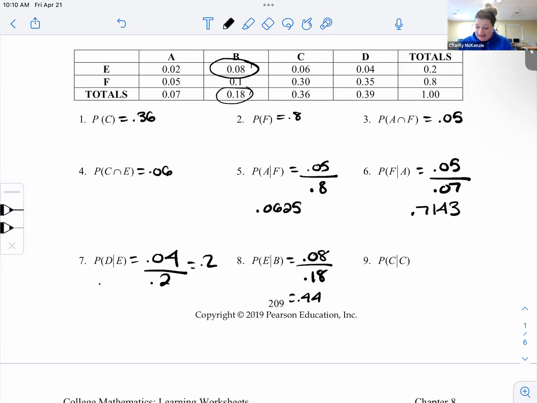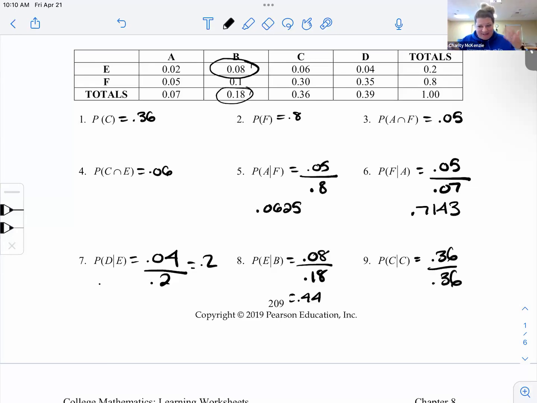Okay, so 9, C given C. What is the probability of C, given you have that C? It's going to be 1. So it's going to happen. C intersects with C at 0.36 divided by 0.36.